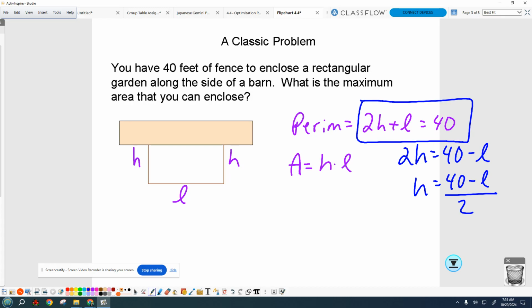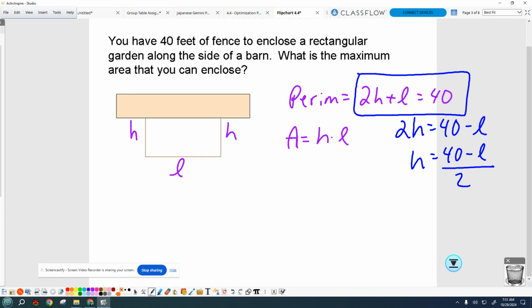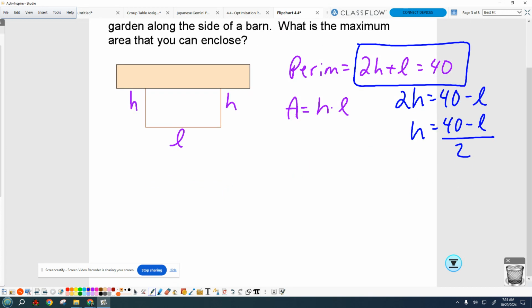Good? So Franco, I want my area all with one letter, so what do I need to do? Area of a rectangle, height times length, yeah? I want all one letter, I don't want H and L, I want just H's or just L's. Mayan did something for us, what should we do with it?